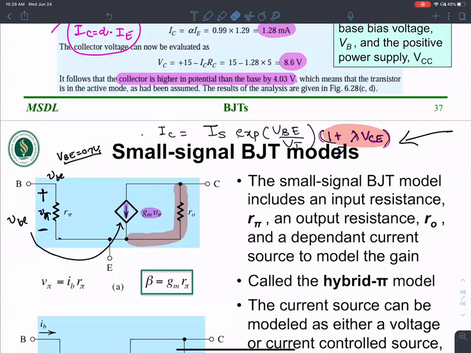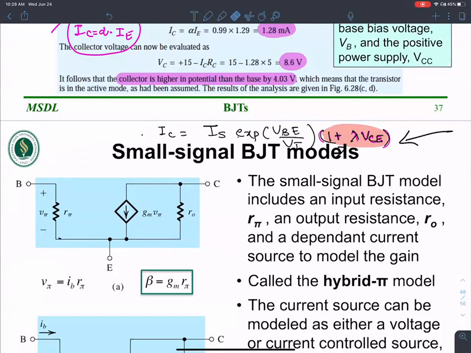And then the dependent current source really represents the action of the transistor. The current in the collector depends on the base emitter voltage, and that behavior is captured in the model using a dependent current source.